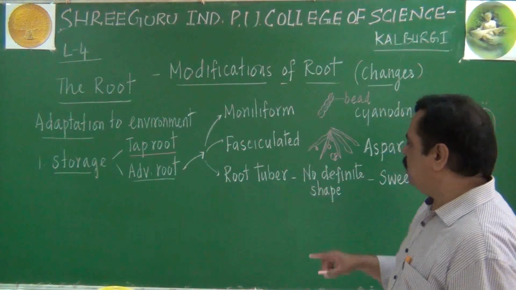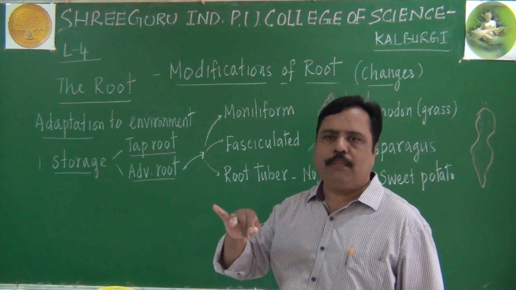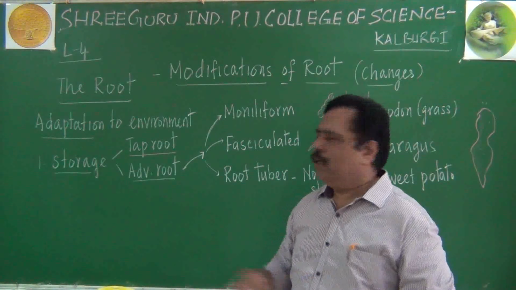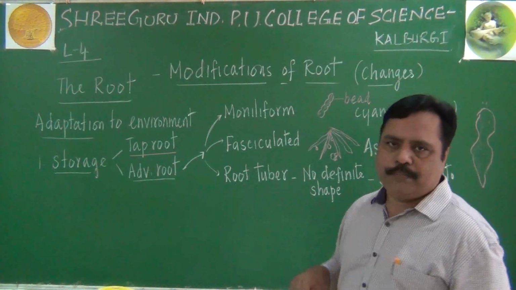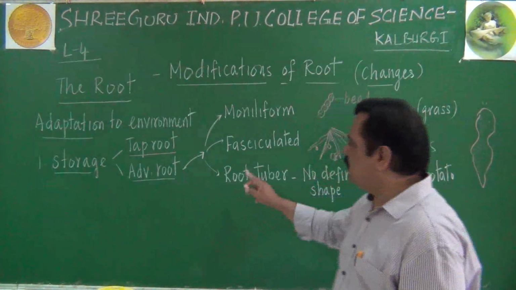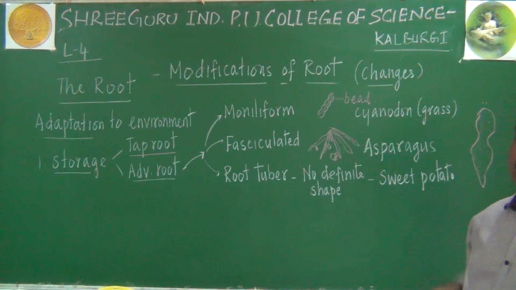That is a root tuber, no definite shape. In conical, fusiform and napiform, we came across definite shapes. But here there is no definite shape, so it is called a root tuber. There is also a stem tuber, which we will study later. But this is called a root tuber, no definite shape. It is known as sweet potato.